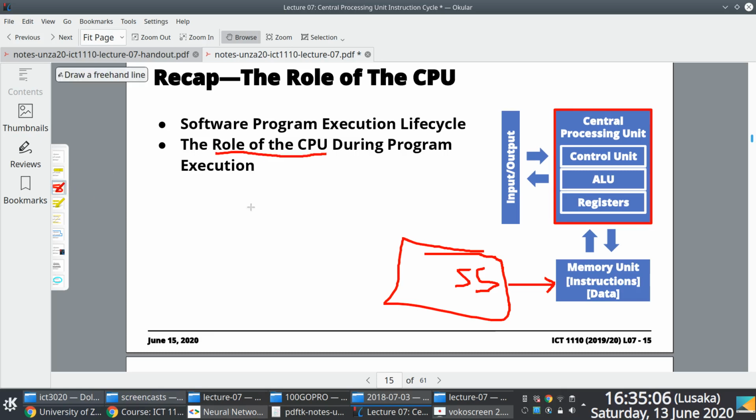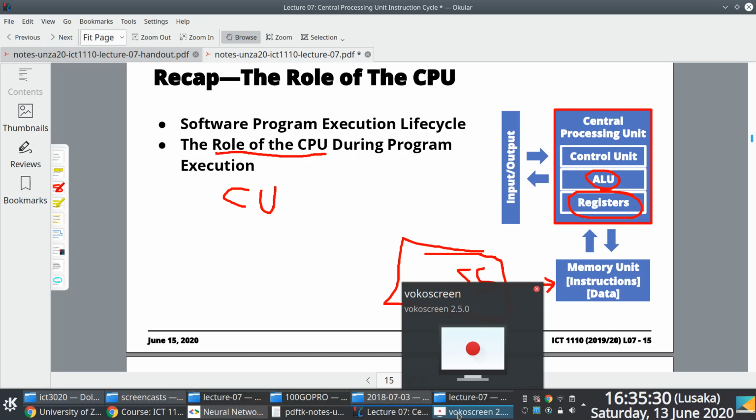Specifically, our focus was on those key components: the control unit, the arithmetic logic unit, and the registers. These are important because they'll pop up during our discussion of the machine cycle itself. Great, I'll pause for now, and I'll see you in the next part of the lecture.